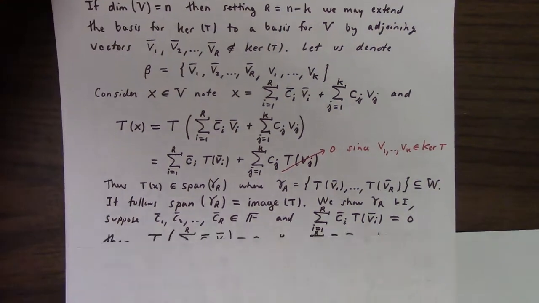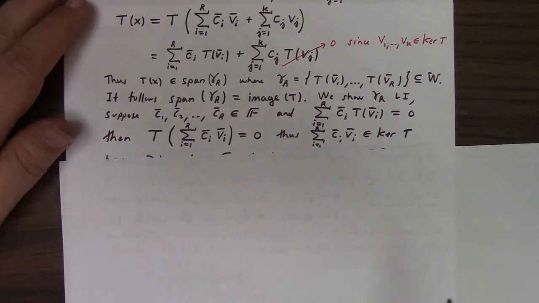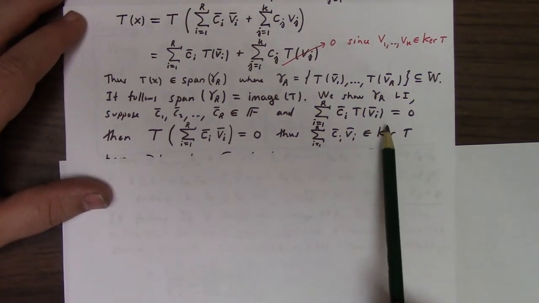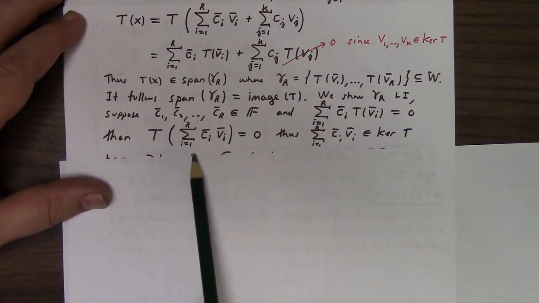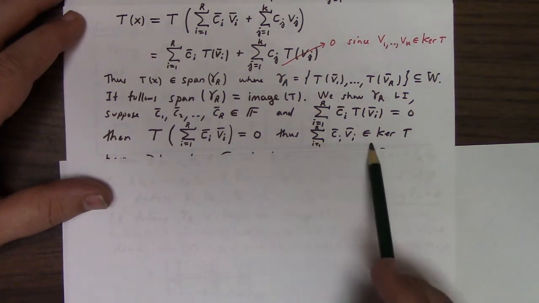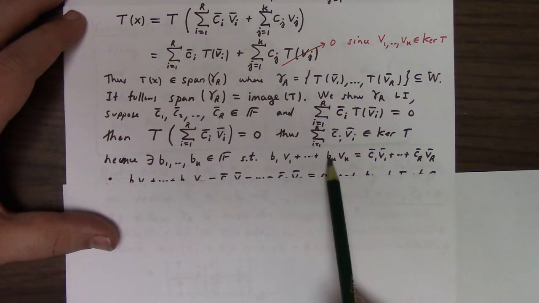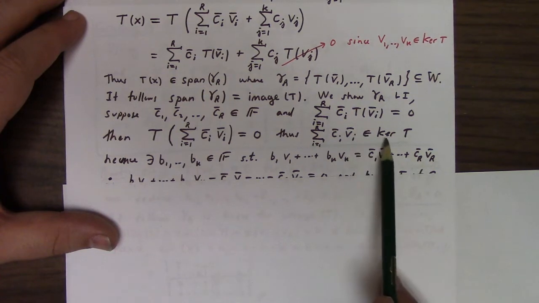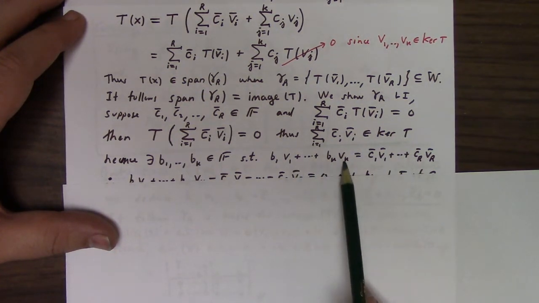Let me scoot this paper up here a bit. So we do that, but then by linearity of T, I can pull the linear combination inside, which then shows that this vector is in the kernel of T, right? And then that means that there exist constants such that I can build this vector from the basis for the kernel of T, which is v1 through vk.